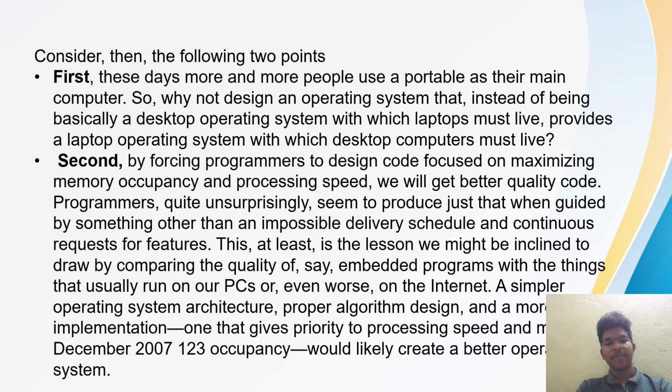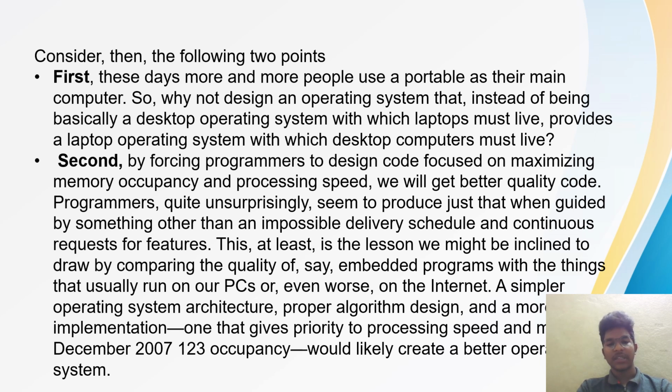Second, forcing programmers to design code focused on minimizing memory occupancy and maximizing processing speed will produce better quality code. Programmers, quite unsurprisingly, seem to produce just that when guided by something other than impossible delivery schedules and continuous requests for features.